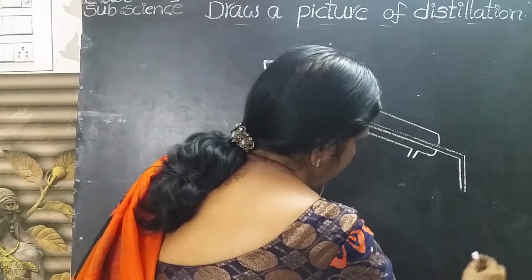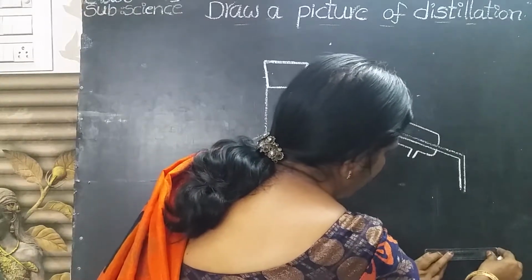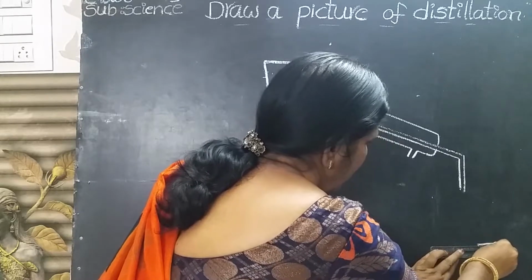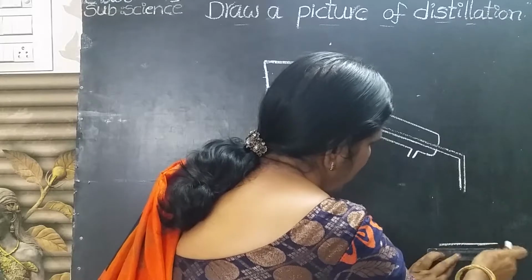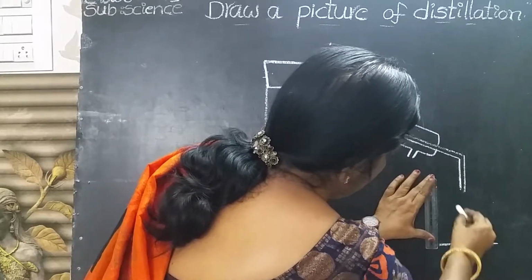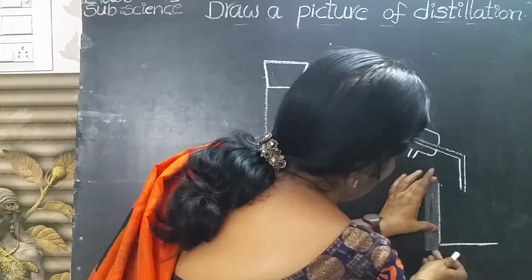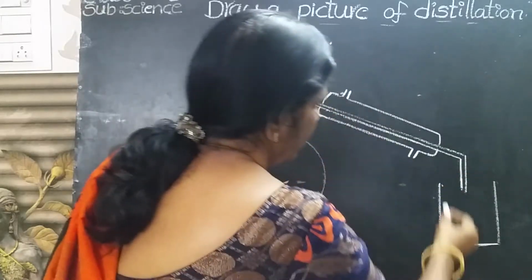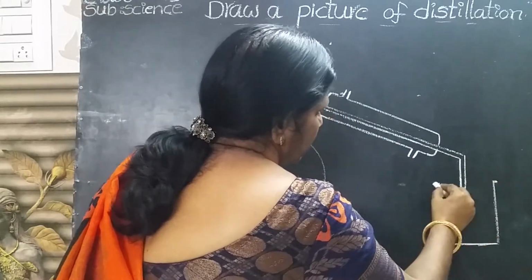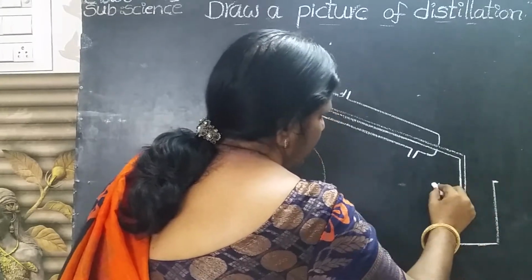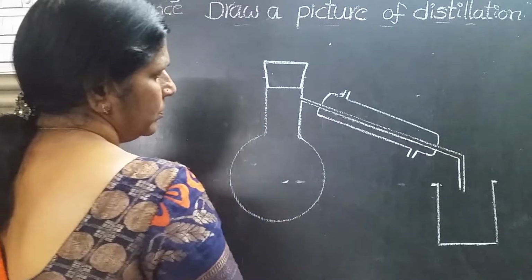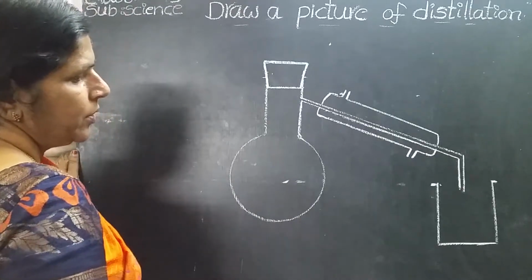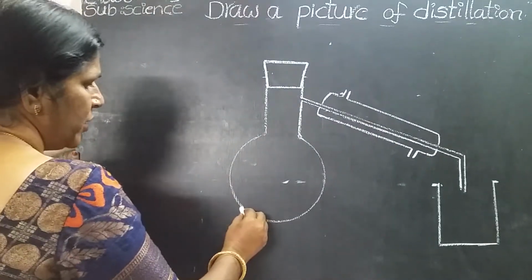Okay, one more beaker. For this you have to draw like this. For the beaker you have to draw like this. Okay, it is very easy to draw like this. Okay, draw like that. Here you have to draw this line a little bit down. Okay, and here we have to arrange one stand.